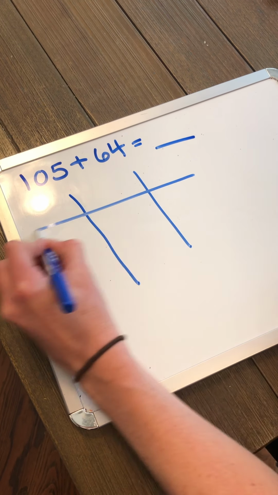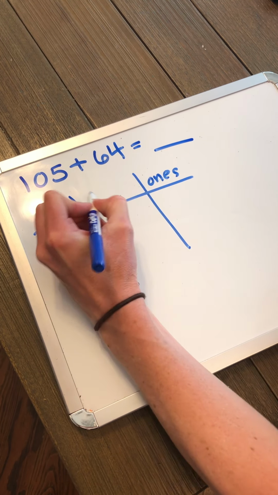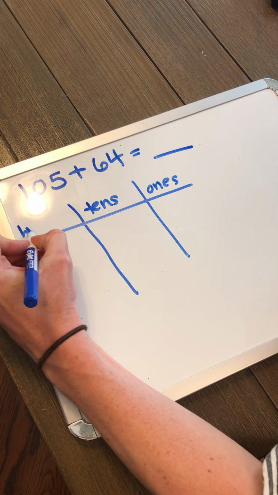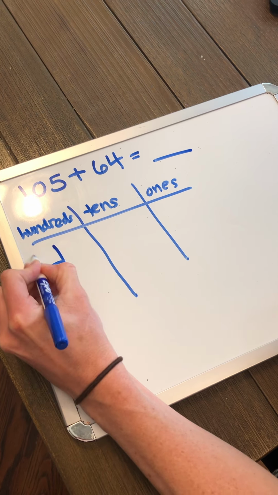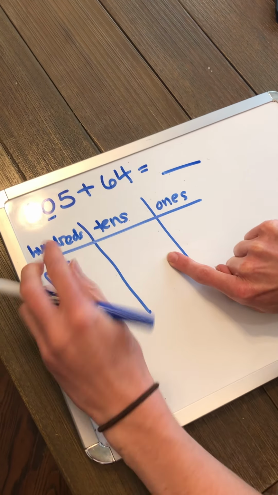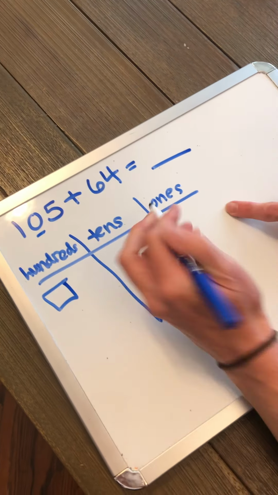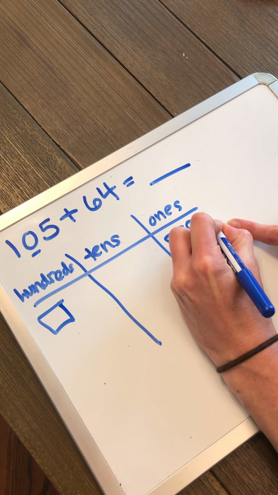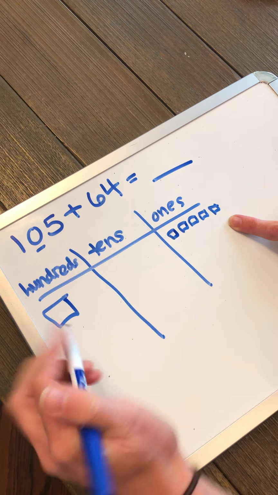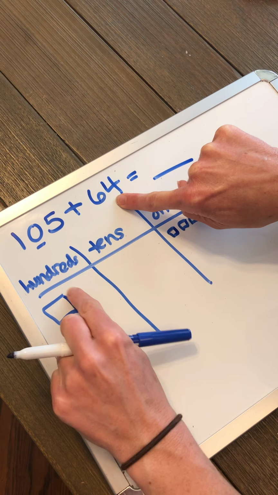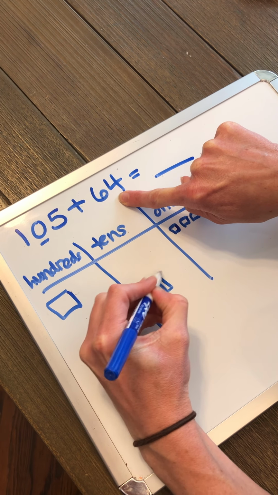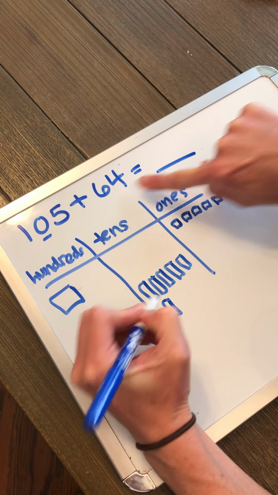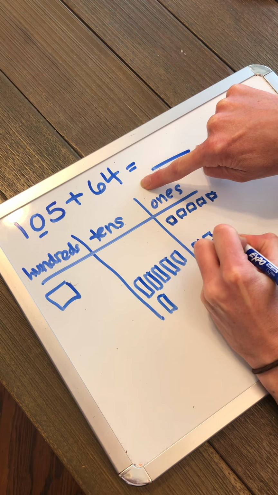when I make my place value chart, we're doing everything the same, ones, tens, and hundreds. I have 100. I have no tens, so I just don't put anything there. And then I have 5 ones. I have 64, so I have no hundreds this time, but I have 6 tens, and I have 4 ones.